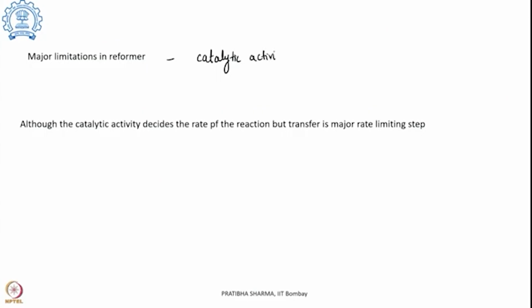But it has been observed that the catalytic activity definitely could be the rate limiting step, but at the same time the heat transfer is prominently the major limiting factor when it comes to the operation of a steam methane reformer. Although the catalytic activity decides the rate of the reaction, the heat transfer is found to be the major rate limiting step.